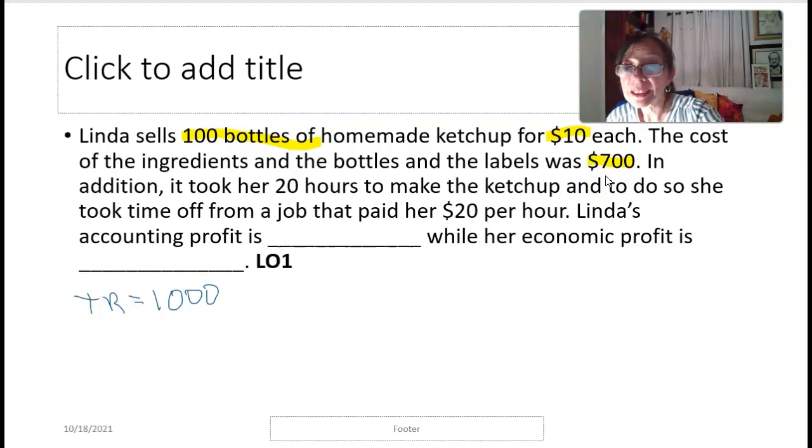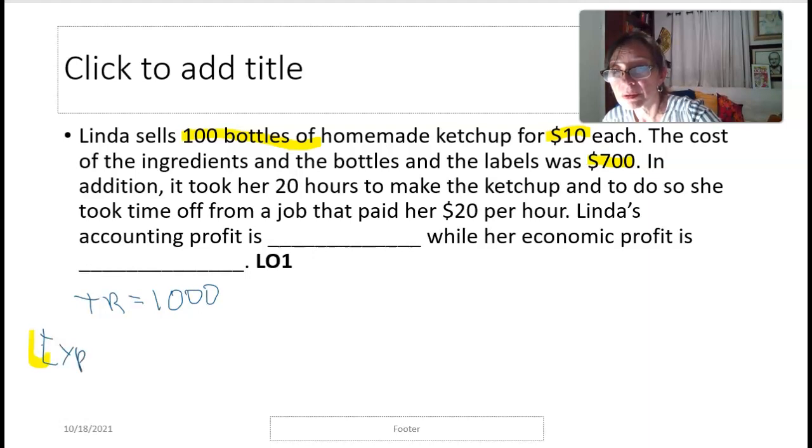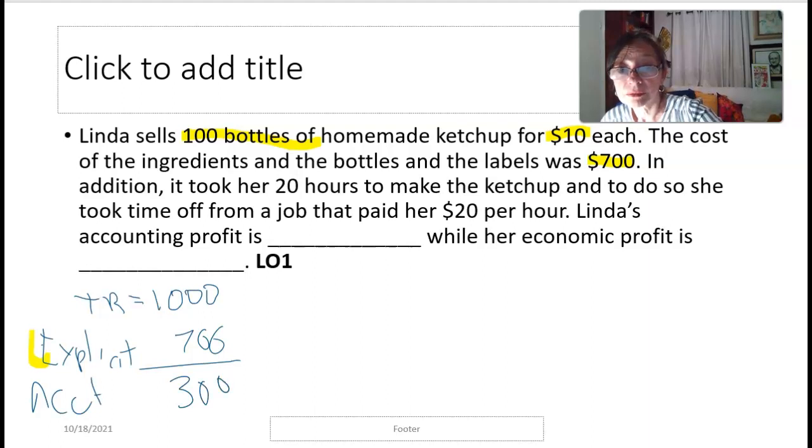Okay, so her explicit cost, $700. So that leaves her with an accounting profit of how much? $300. Okay, that's her accounting profit.